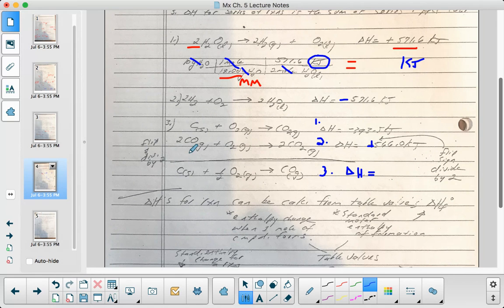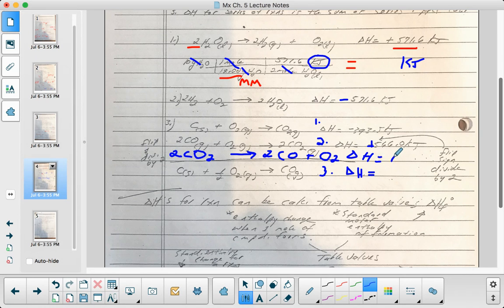So let me show you how that flips around. If I take this second equation here and I turn it around to CO2, I literally just flip it around, and when I do that, I have 2CO plus O2, and now my delta H is no longer that negative value that it was originally.